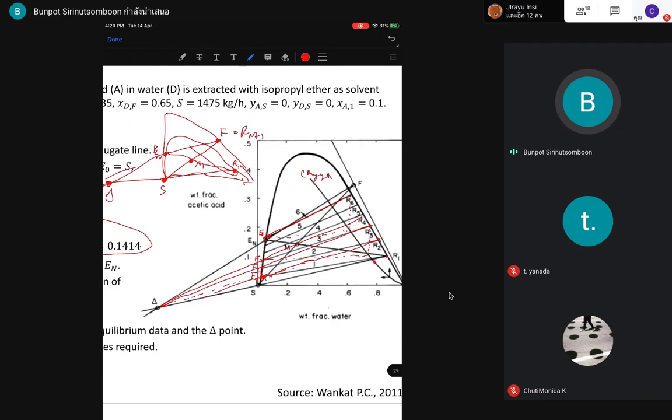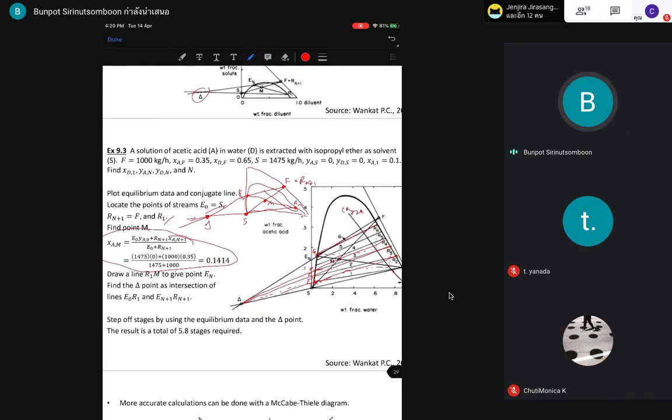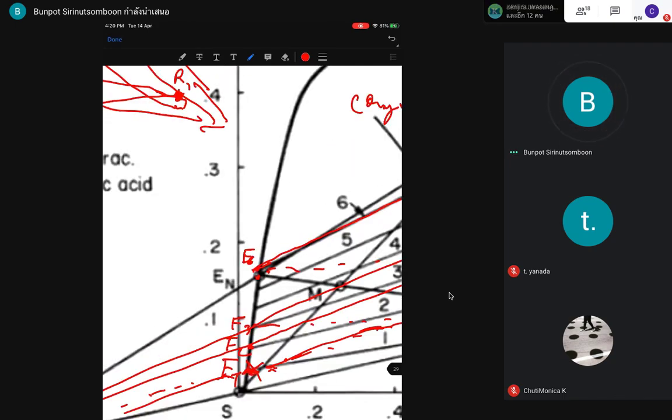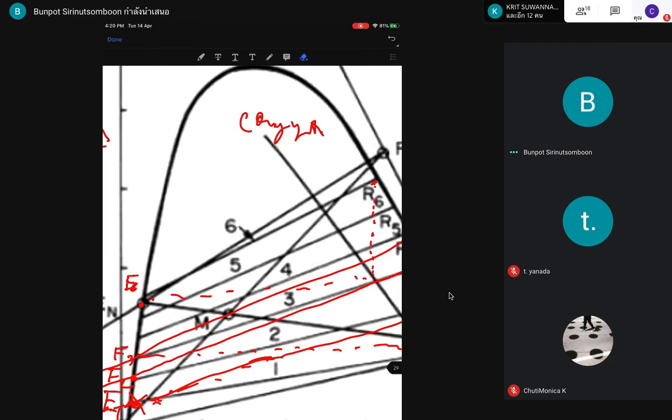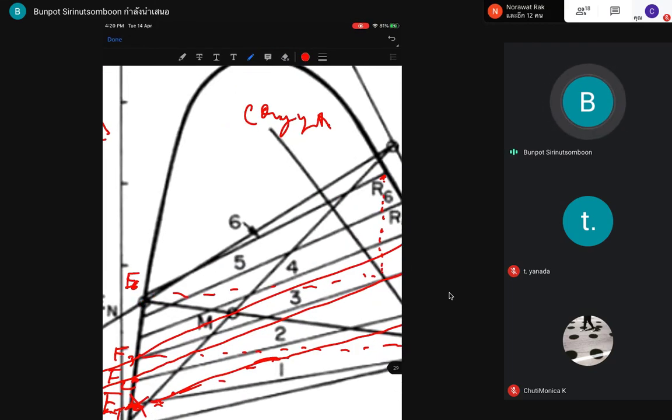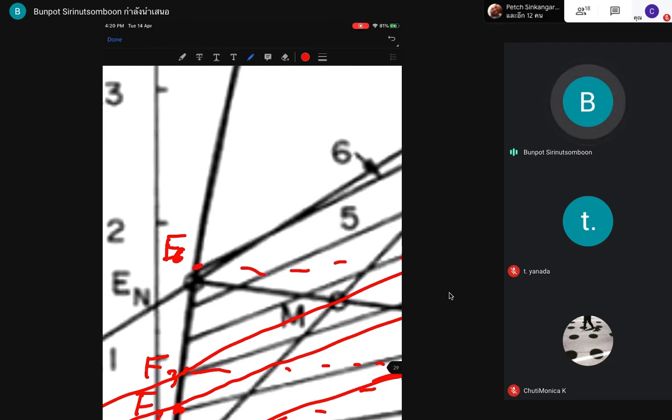The number of stages is about 5.8. The way I calculate it is, this point here is E6, right, and this is E5. So En is right here, right?